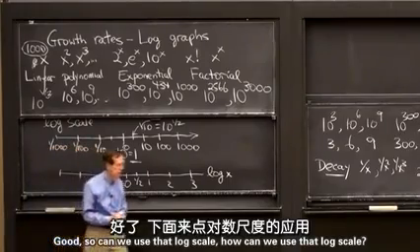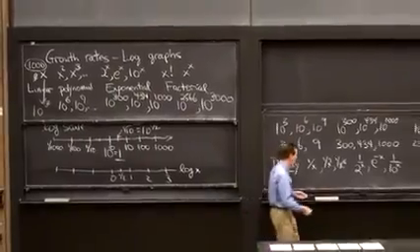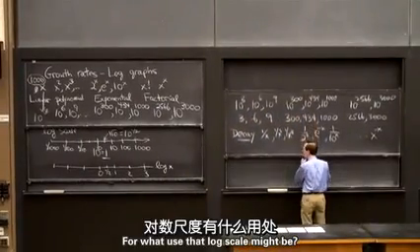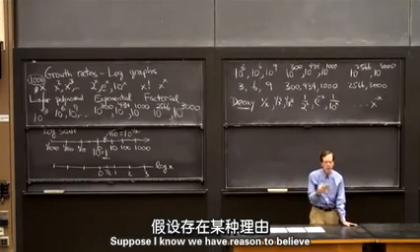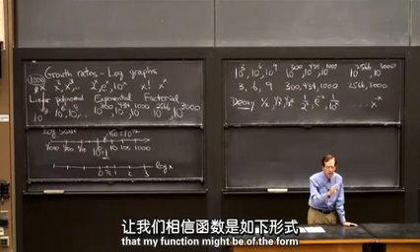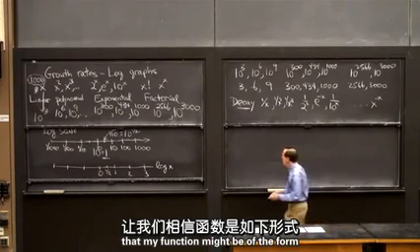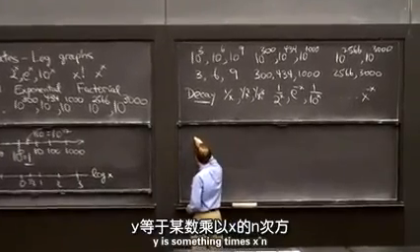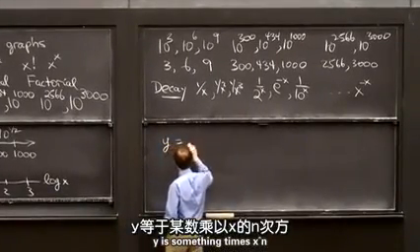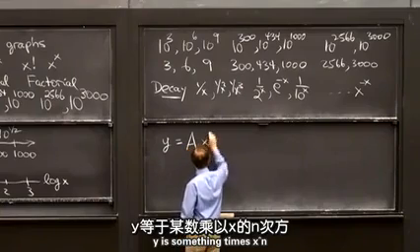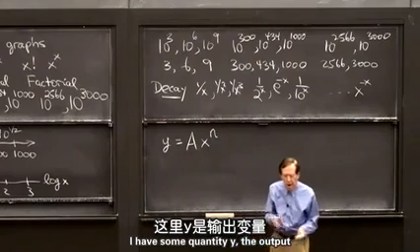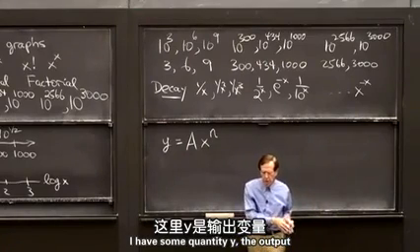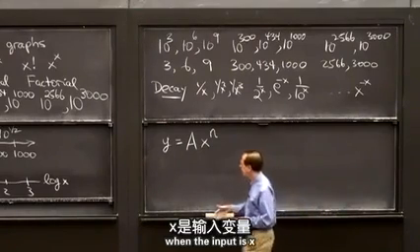So can we use that log scale? How do we use that log scale? Let me give you an idea for what use that log scale might be. Practical use. Suppose I know or have reason to believe that my function might be of the form y is something times x to the nth. I have some quantity y, the output, when the input is x.